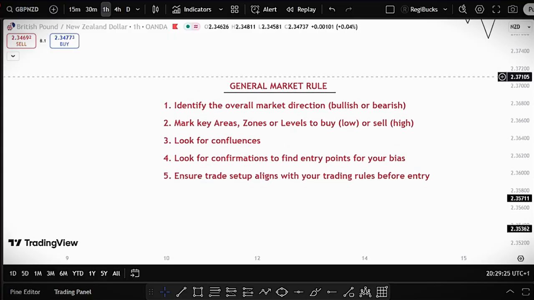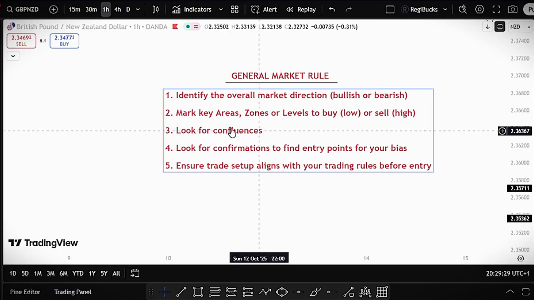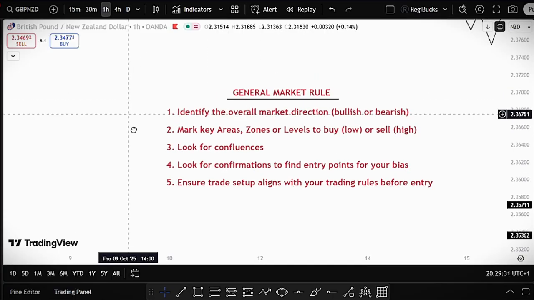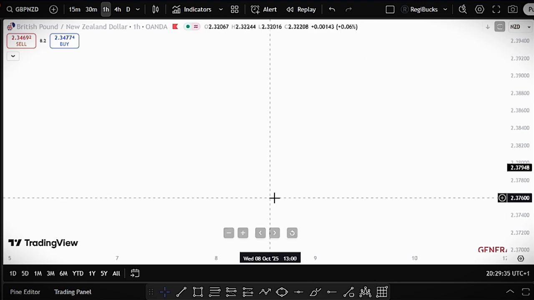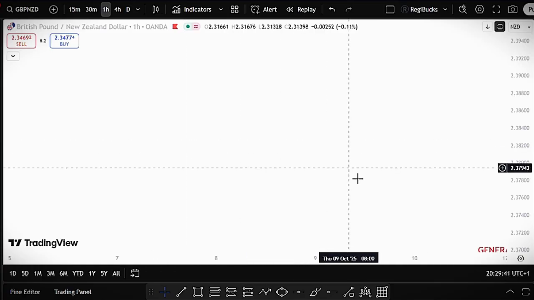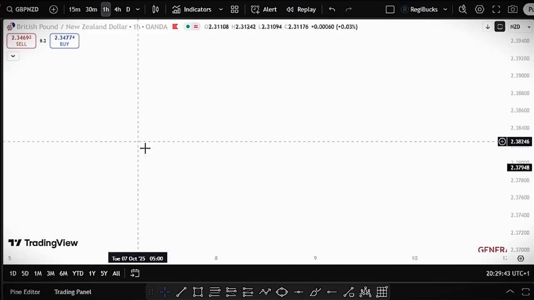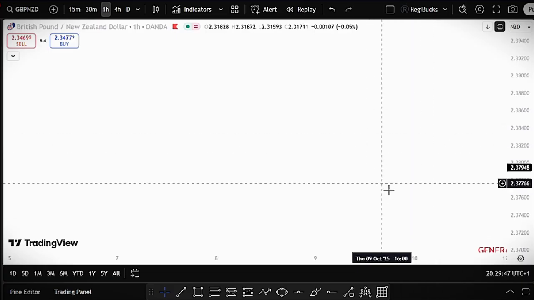So when I said look for confluences, what I meant is I also trade with indicators too. You see the 50 exponential moving average, which I'll explain, and then the relative strength index, RSI. I also trade with these moving averages, and those are extra confluences that I add.